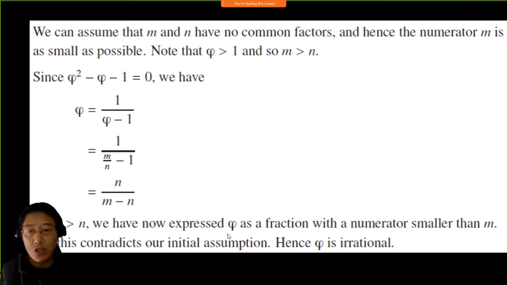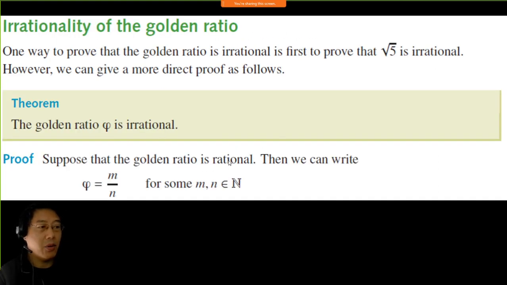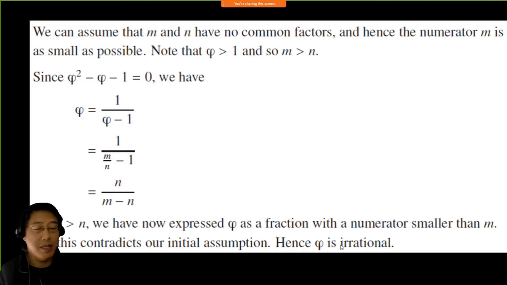Because there's a contradiction or an error, we can go back to the previous slide and say, as we assumed that phi was rational, now we can say that it's actually the opposite. So now phi is irrational. So that's the proofing. And the structure of it is, when you want to prove, you start with the opposite, you do your working out, you come up with a contradiction, so you can go back to your original assumption and you have proven that it is the opposite.